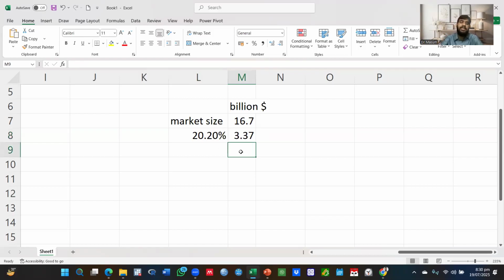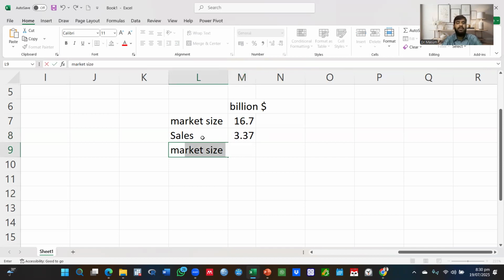Or alternatively, you can identify your sales: your company's sales is 3.37 billion. So what is the market share? Market share equals your buyers divided by total buyers. Your share is 20.2%.